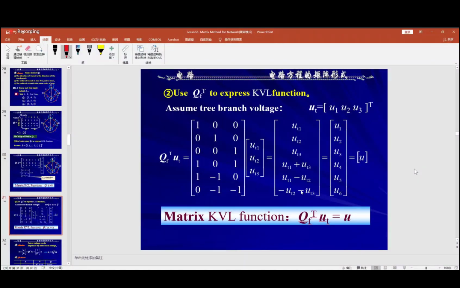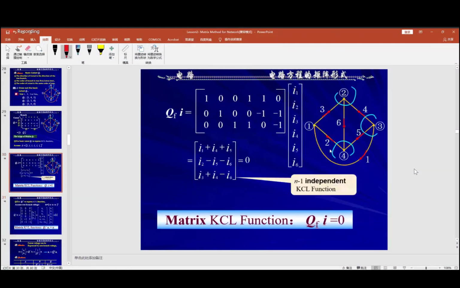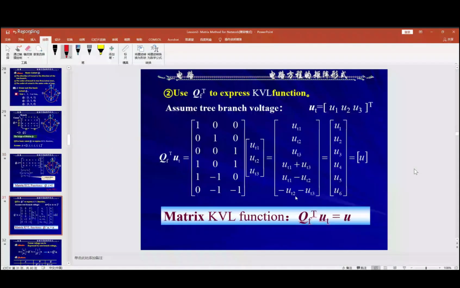And minus UT2 minus UT3, 2, 3, 6 form a loop. For this loop, U6 plus U2 plus U3 equals 0. So U6 equals minus U2 minus U3.